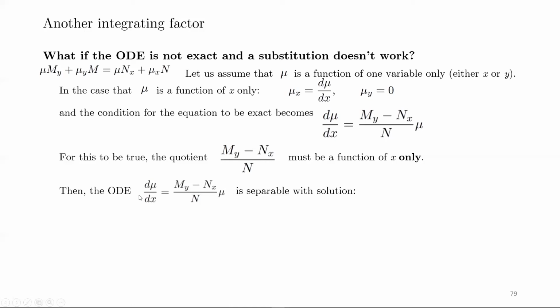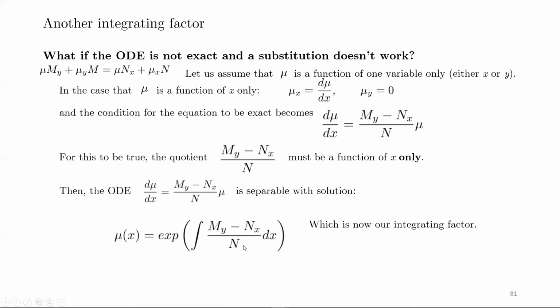I can divide through by that, so I get d mu over mu. I can multiply through by dx, so I get m sub y minus n sub x over n times dx. If I integrate both sides, on the left I'm going to get a logarithm of mu, which I can then take the exponential of to find an expression for mu. So mu of x equals the exponential of the integral of this ratio times dx.